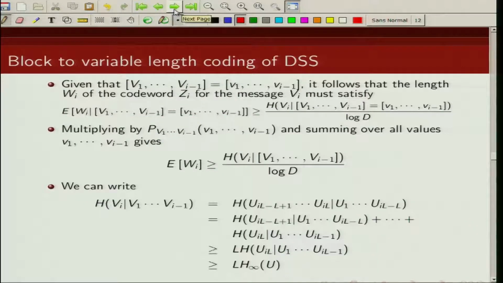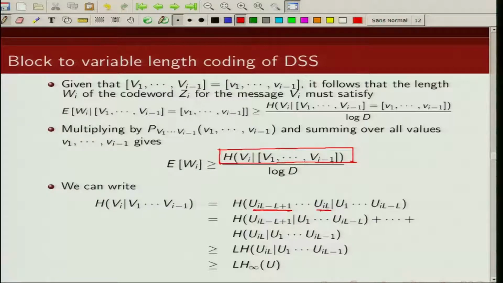Next, let us pay a little attention to this term, the uncertainty in Vi given V1, V2, V3, up to Vi minus 1. Now what is Vi? Vi is essentially U iL minus L plus 1 up to U iL. So this is a block of L letters starting at this location and ending at this location.